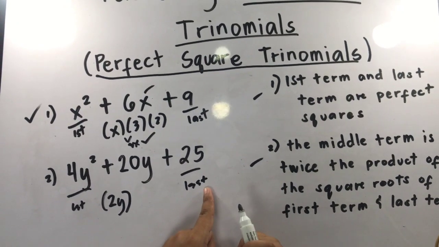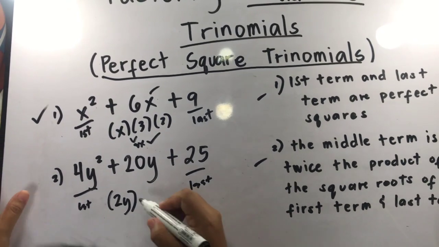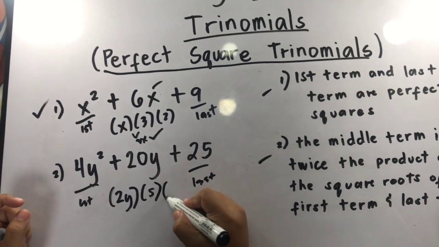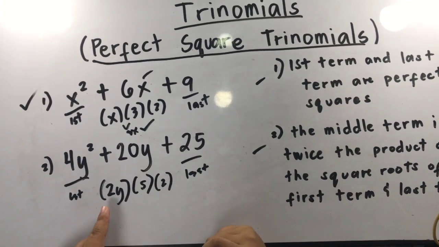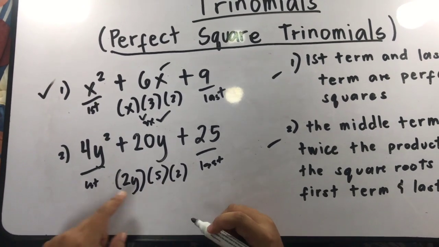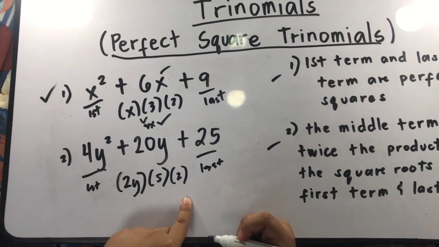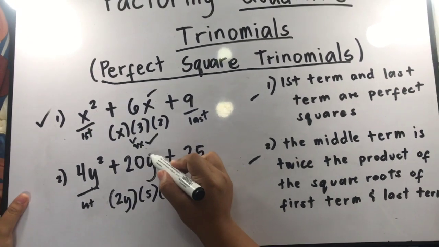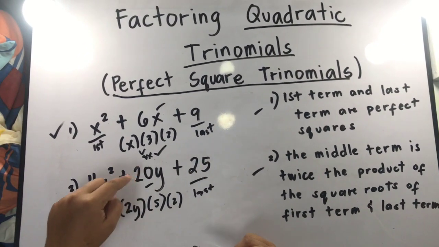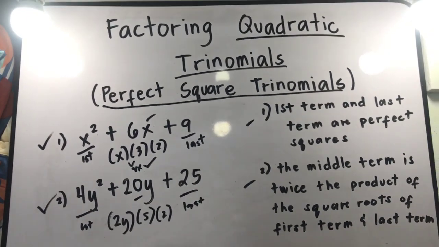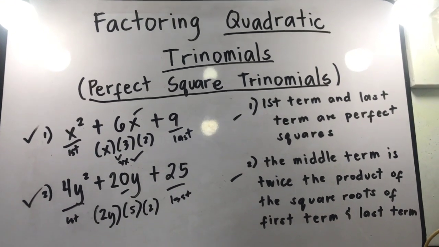Square root of 25 is 5. Then, don't forget to multiply this by 2. So, 2y times 5, that is equal to 10y. Times 2 is equal to 20y. So, tama din. Ibig sabihin, itong dalawang to ay example ng perfect square trinomials.